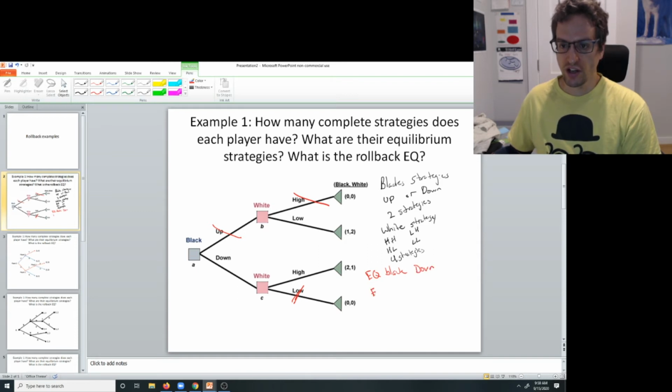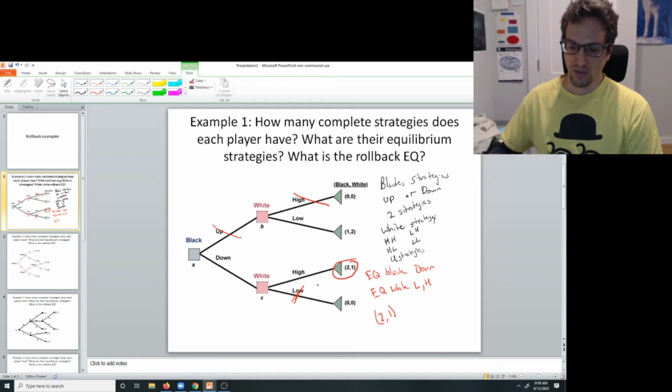The equilibrium strategy for white is a little bit more. Remember, a strategy has to be complete. It has to tell you everything. So white's equilibrium strategy would be low if it's here, high if it's there. So we say equilibrium for white is low, high. And the rollback equilibrium is the payoff 2-1. The best way to do it is just to circle it. That's the rollback equilibrium.